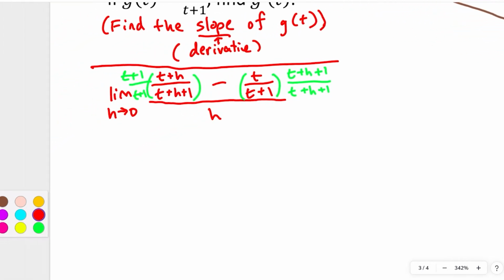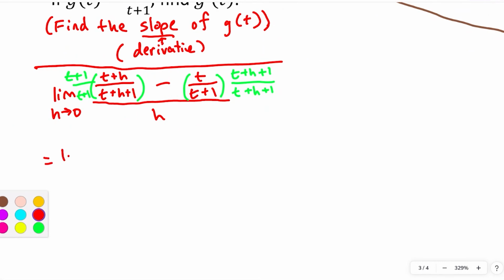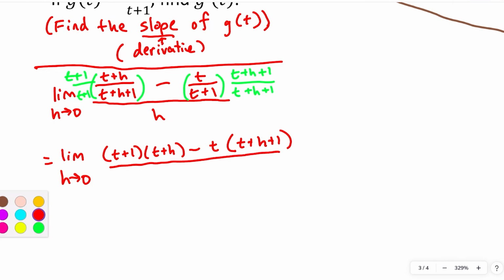I told you this is going to get messy. So we have the limit as h approaches 0 of t plus 1 times t plus h, minus t times t plus h plus 1, all over t plus 1 times t plus h plus 1, all over h.